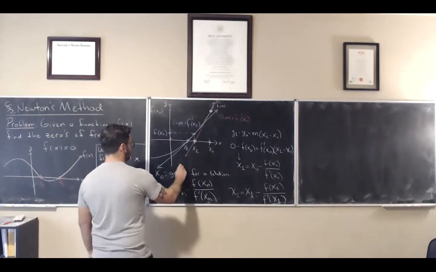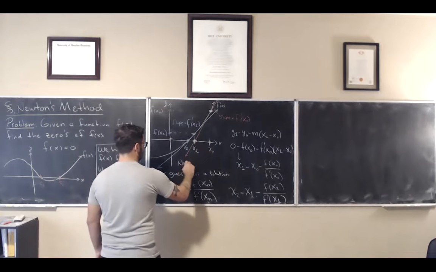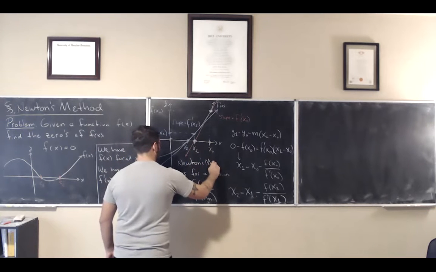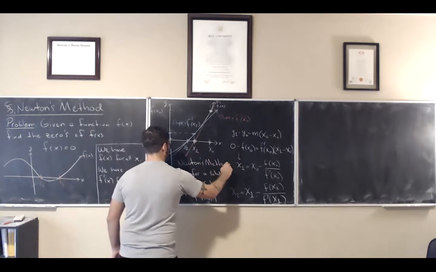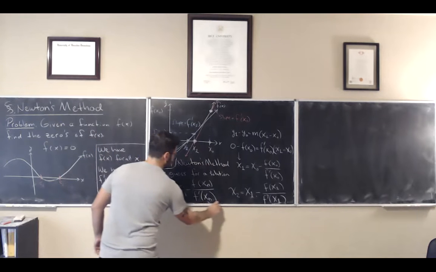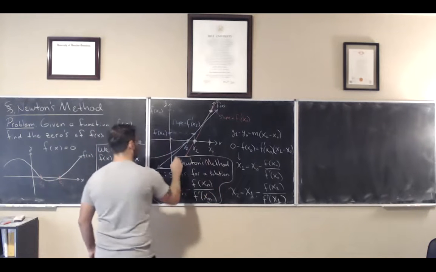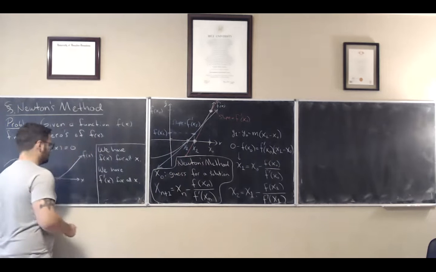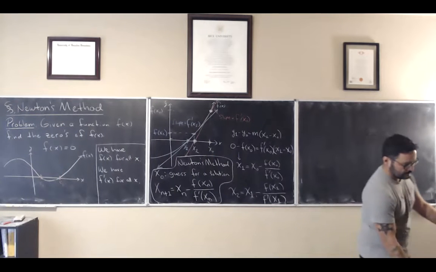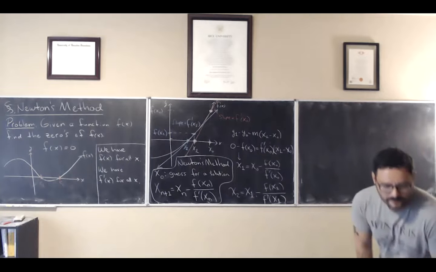This is Newton's method. It's an iterative method for finding the zeros of a function. Okay.